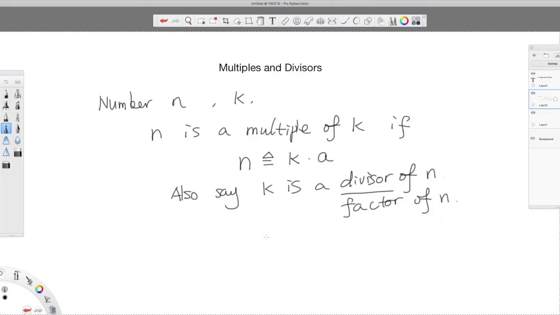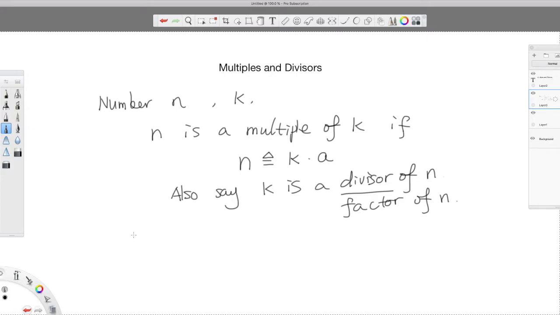And we certainly have a lot of experience with multiples. For example, when we say some number is an even number, what's an even number? An even number is a multiple of 2, right? And we know multiples of 3, multiples of 4. We learn multiples by starting with counting.